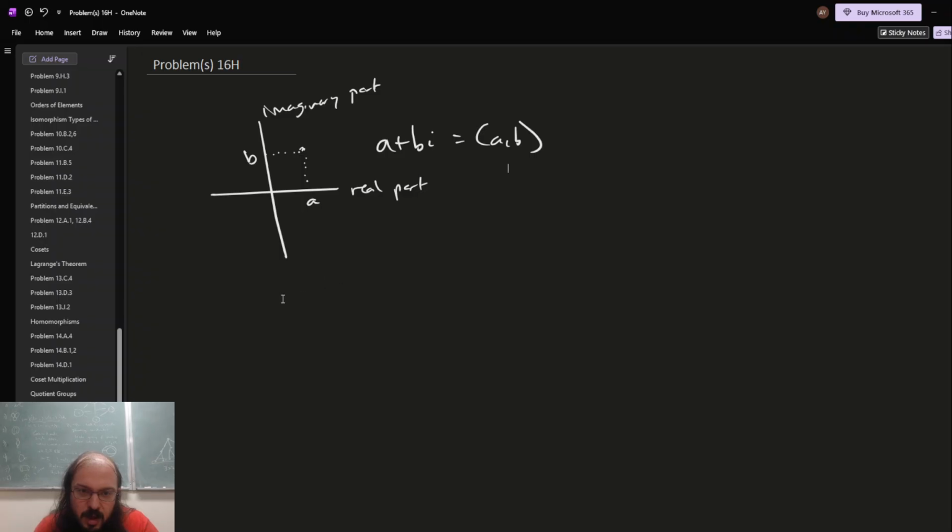What he tells us that we have to know is that complex numbers that live on the unit circle can all be written as cosine x plus i sine of x for some x in R. These live on the unit circle.